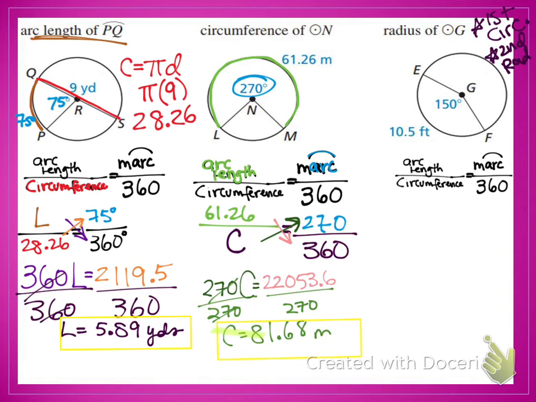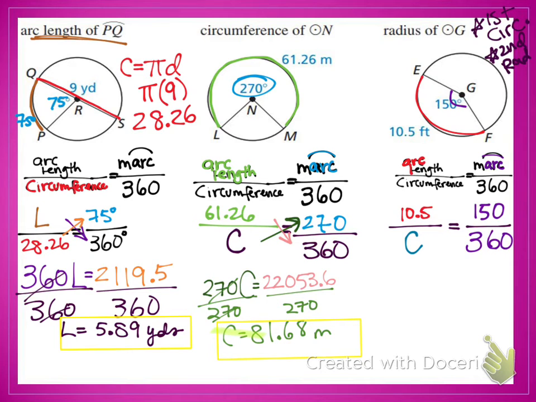Okay, so what is the arc length in my last example? It is 10.5 feet. Good. So arc length is 10.5. The circumference, I don't know, so I will have to find it. I'm labeling it C, so I know that this is not my final answer. And then the measure of the arc is 150 over 360.